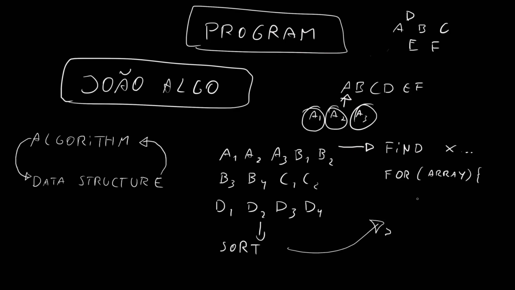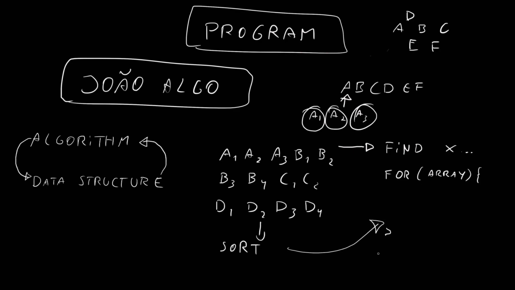Like, if I'm looking for words that start with A, and I know my data is sorted alphabetically, as soon as I find a word that starts with B, I can quit because there will be no more, since it's sorted alphabetically.